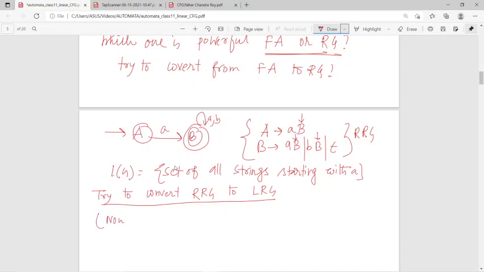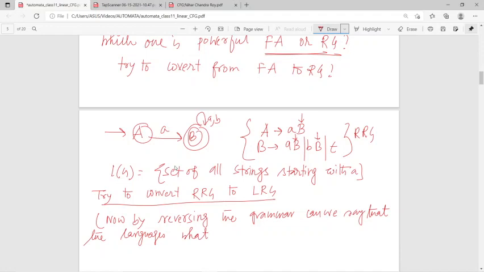So now by reversing the grammar, can we say that the language that the left regular grammar generated is the same as the language generated by the right regular grammar?